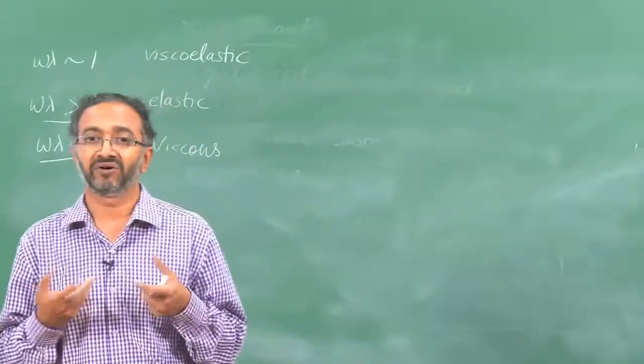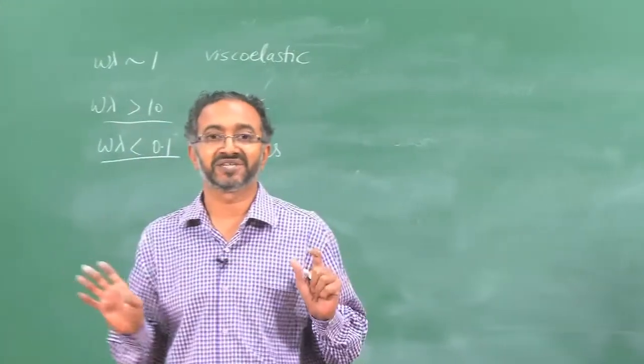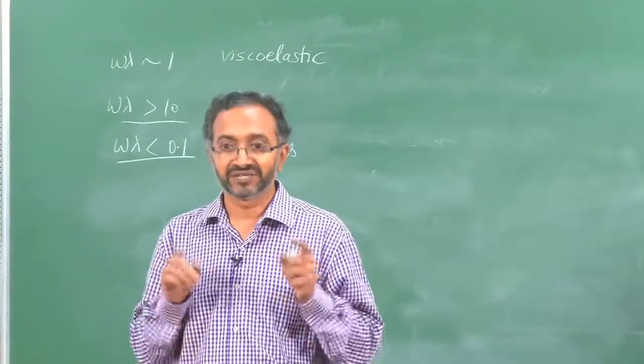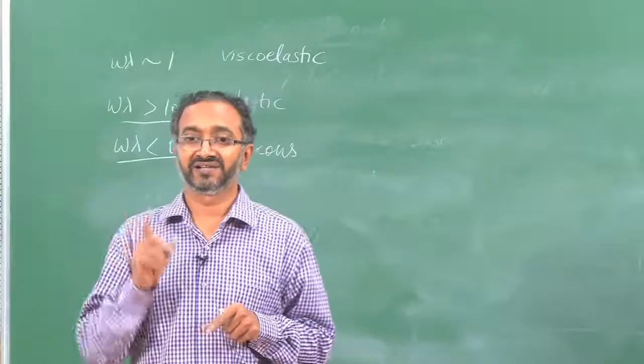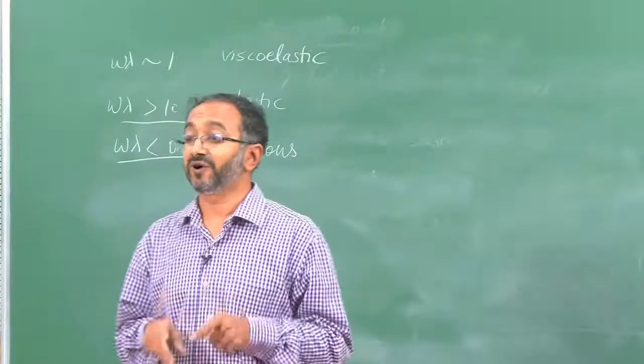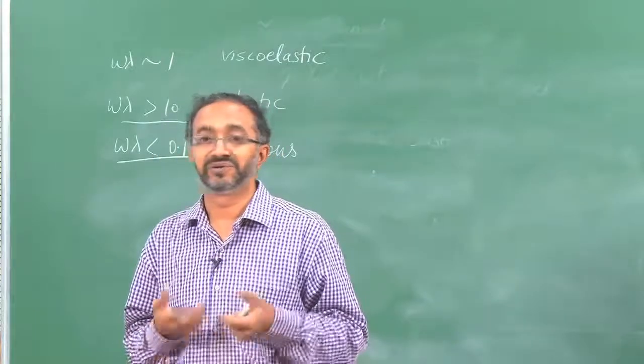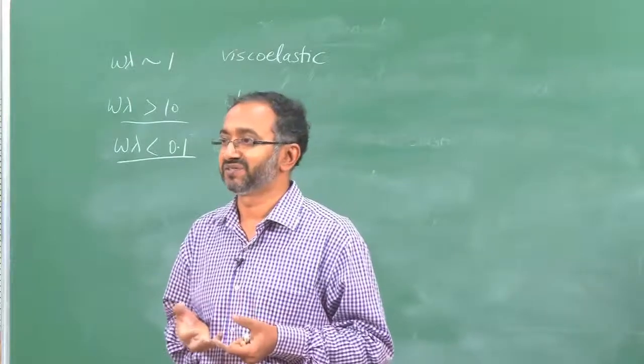If you form an oil in water emulsion, both are perfectly viscous materials, but because there is a combination of droplets, dispersed phase and continuous phase, and the dispersed phase is stable and drops cannot move, you eventually get an elastic-like response.